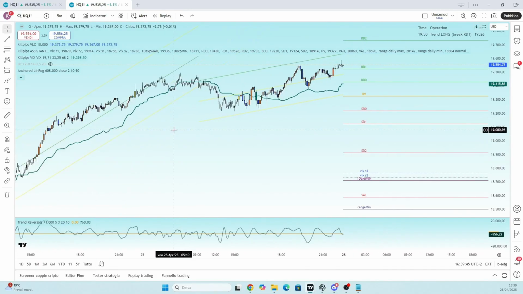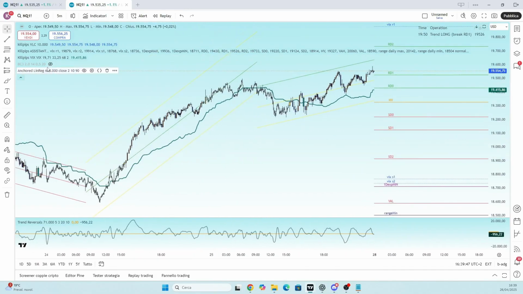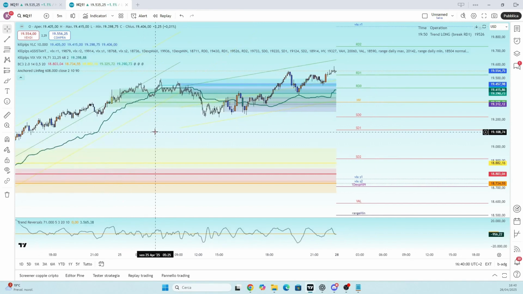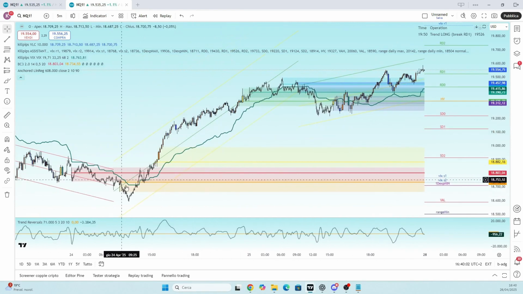Besides this, of course, there is the new version I just released of the BC3.2.0 indicator, which certainly provides an additional interpretation. Let's review. Here it is, the new BC3 indicator.